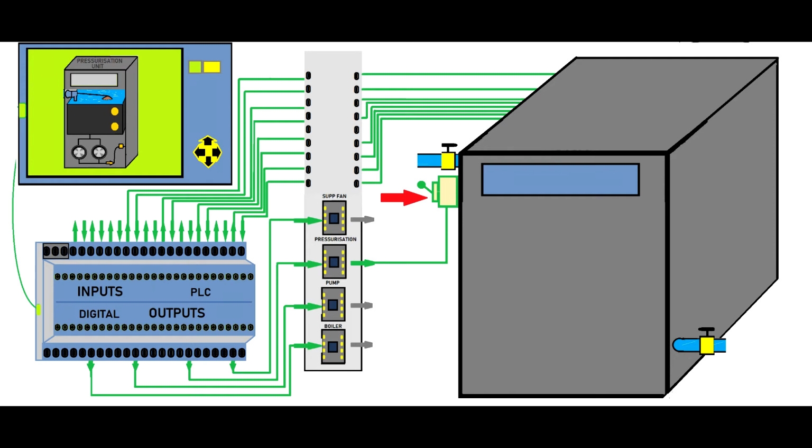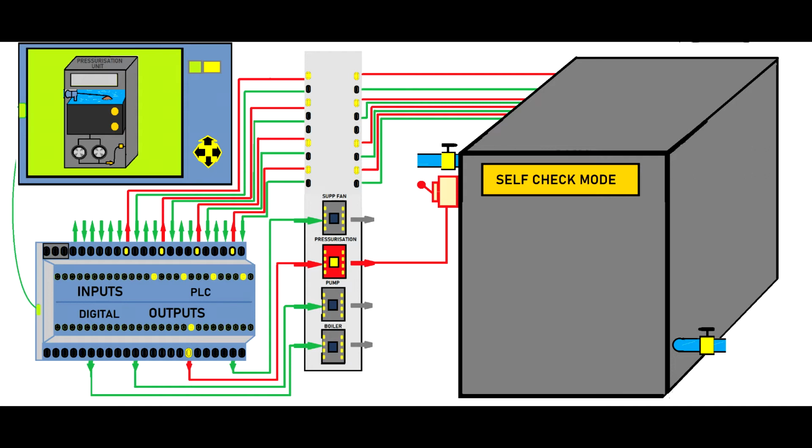So first, I have to turn on the isolator switch to allow the electricity from the contactor to get straight into this pressurization unit, and then I'm going to use them to pressurize the system. Using the human machine interface, the HMI, I'm instructing the PLC to send an input to this contactor and to enable the pressurization unit.